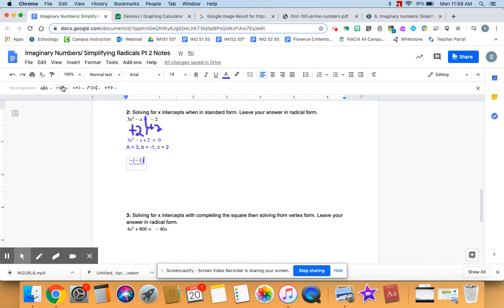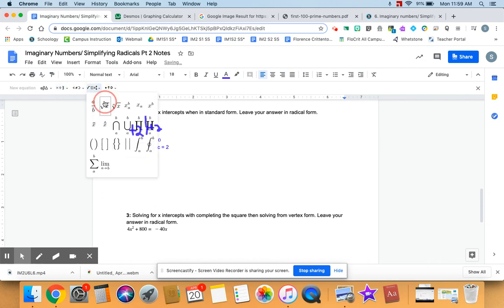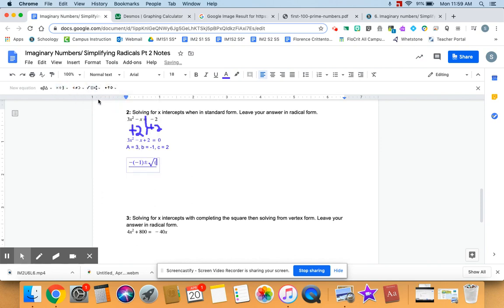Plus minus for the positive negative, square root of b, which is -1, squared, minus 4 times a, which is 3, times c, which is 2, all over 2 times a, which is 3. So that's the quadratic formula. I just happen to have it memorized, and I plugged in the numbers as we went.